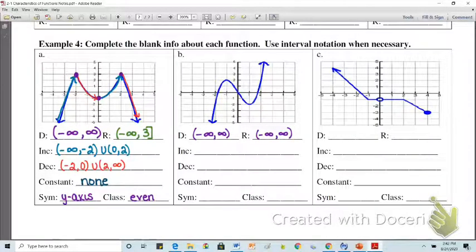Finding my critical points, I have one here and one here. So starting at the beginning, this is an increase. So that is negative infinity to -1. In the middle, that's a decrease.